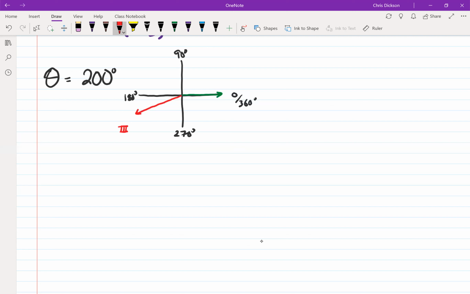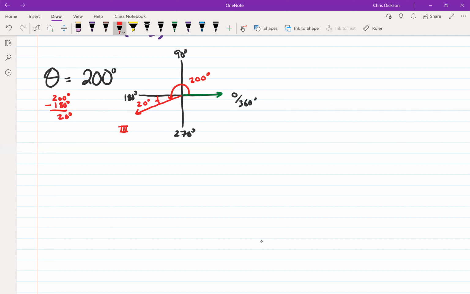And that would be approximately 200 degrees, say. So we have to show the terminal arm and the arc itself. Now the reference angle here is the angle between the terminal arm and the x-axis. So that would be 200 minus half a rotation of 180. And so that reference angle must be 20 degrees.